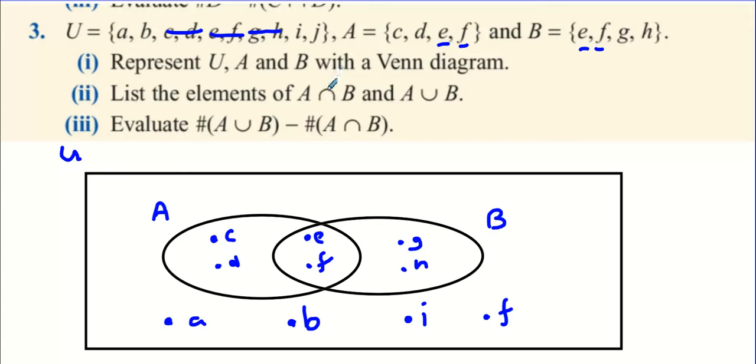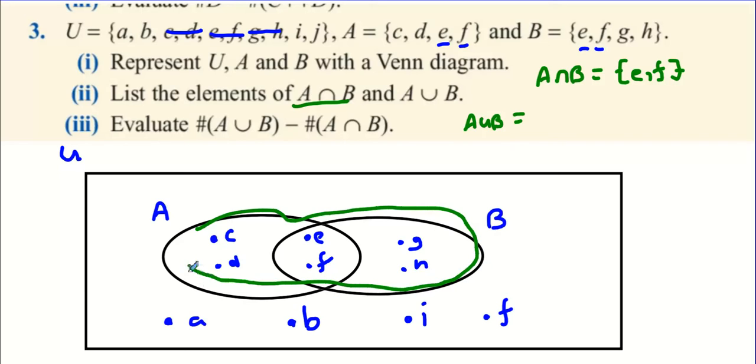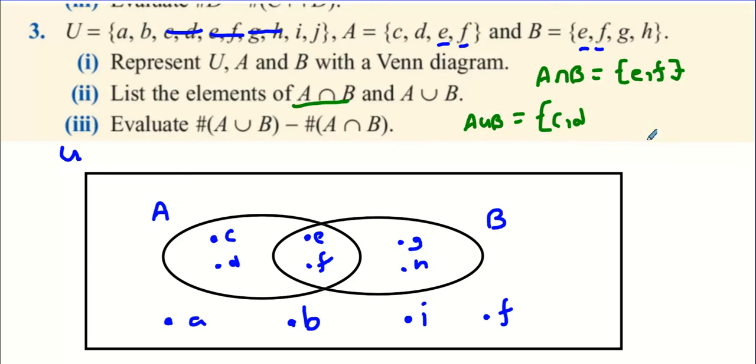Next, list the elements of A intersection B. A intersection B, once again, is just that middle section between A and B. It's the letters that belong to both A and B, and that's going to be E and F. Then A union B is what's in A or B, so it's going to be C, D, E, F, G and H.